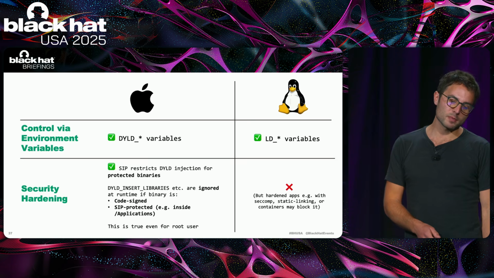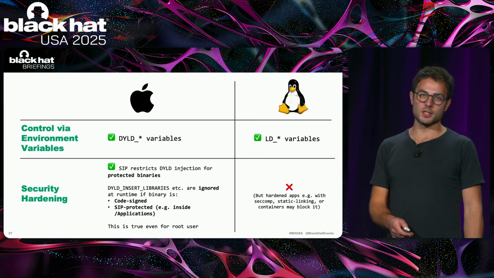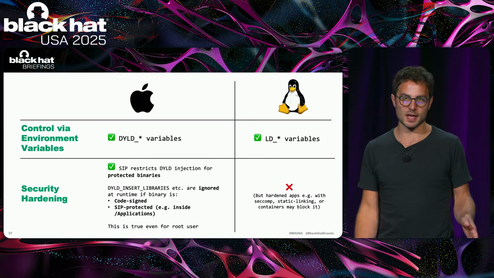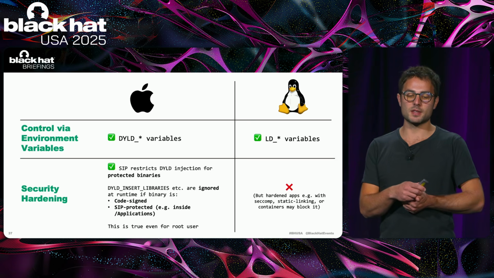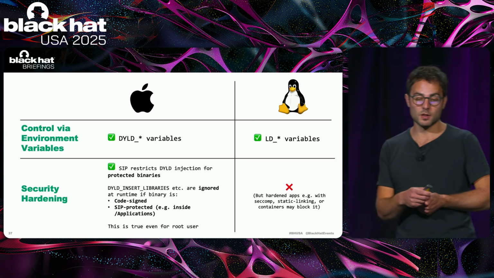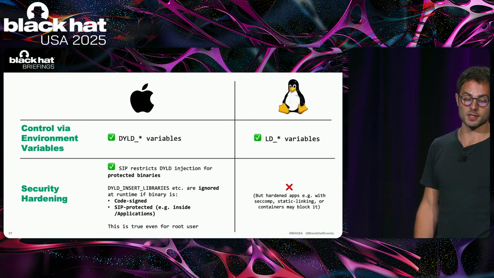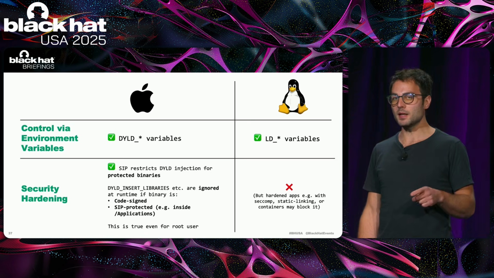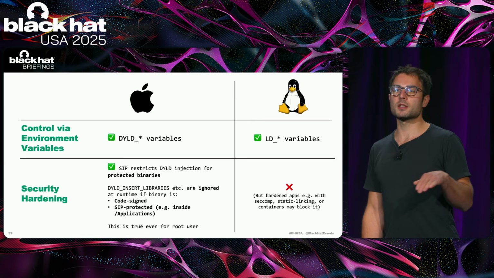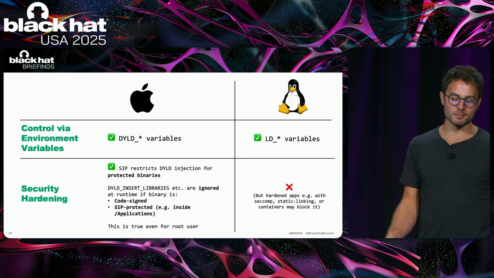But for Mac, the System Integrity Protection feature really kills off this attack path because for SIP-protected binaries, which is anything that's code-signed and sits inside a number of different directories, including Applications, it just ignores the environment variable. So it's no-go. But for Linux, again, no such similar hardening exists in general.